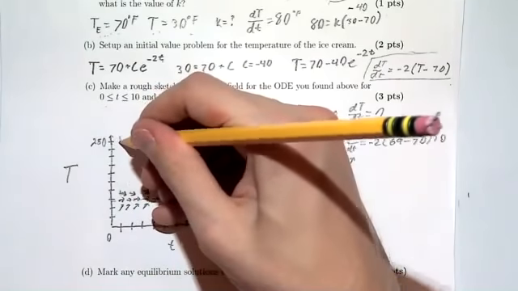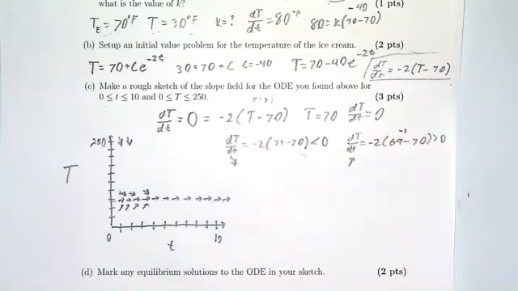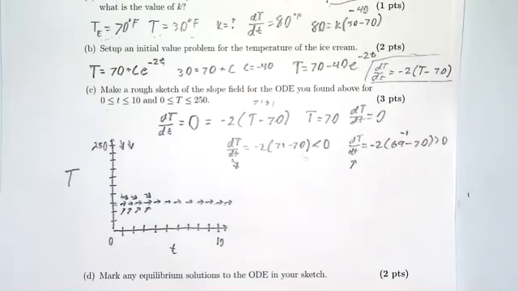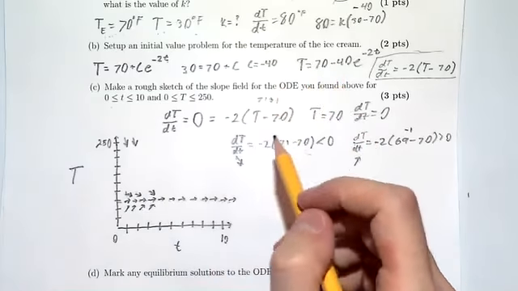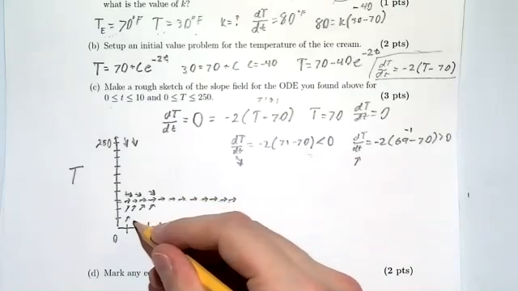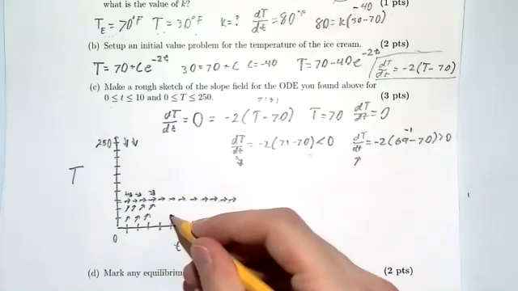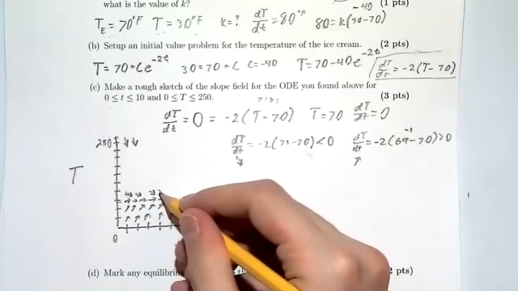So all the way up here, it's going to be really steep. Because obviously if you put something that's 250 degrees, which is above boiling temp for water, it's going to be really quickly cooling. So we get just this. So yeah, any questions about this?